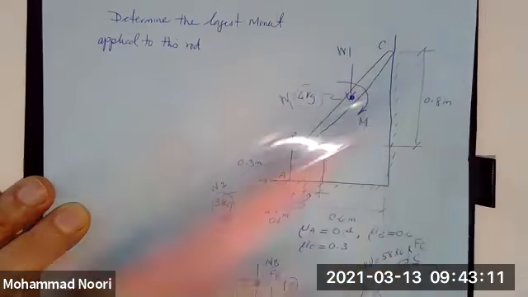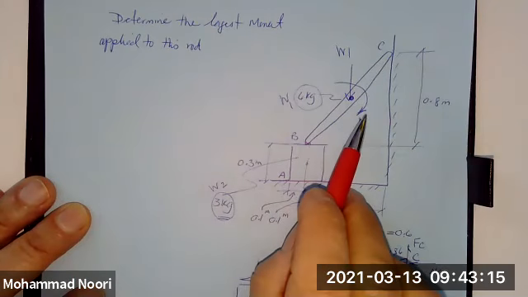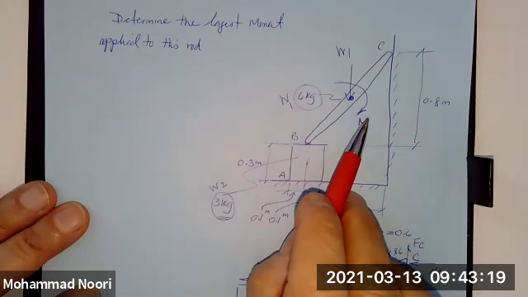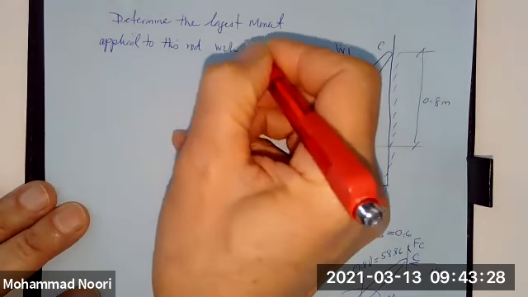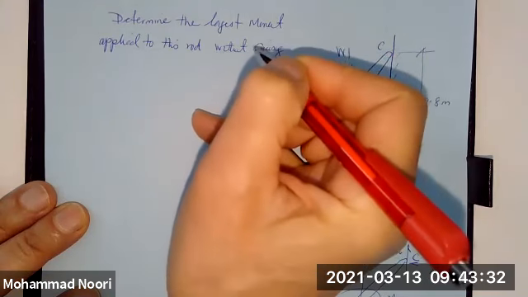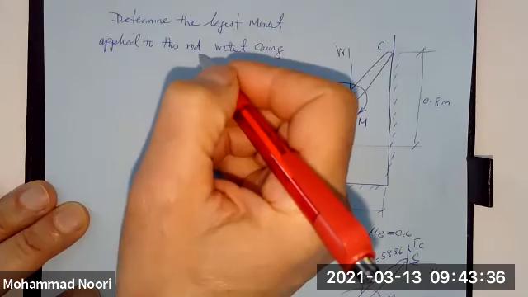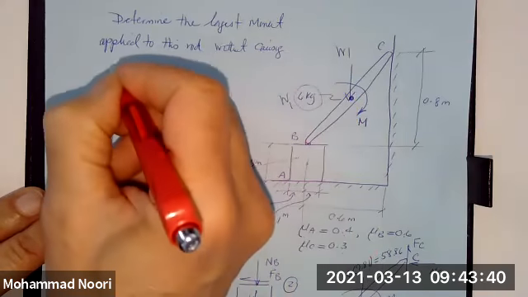We want to apply a moment, but we want to make sure that, or in other words, find the largest moment possible that can be applied without causing motion of the rod.